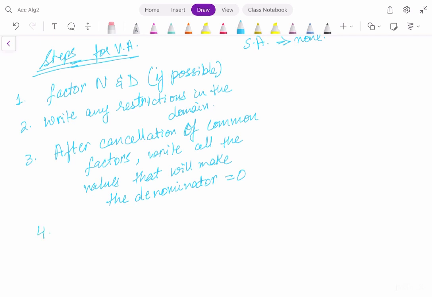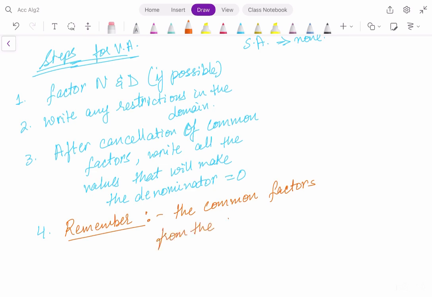Right? Now, another step you need to remember, because students make mistakes in finding the hole. That is why I want you to write it down for your understanding: the common factors from the numerator and denominator will be a removable discontinuity, which is nothing but a hole in the graph.